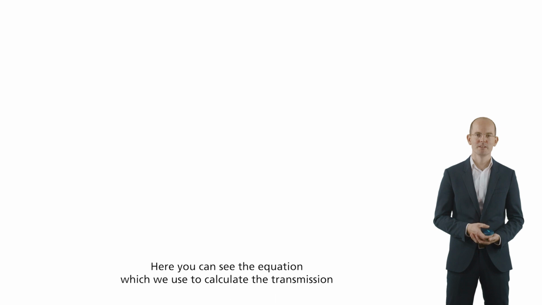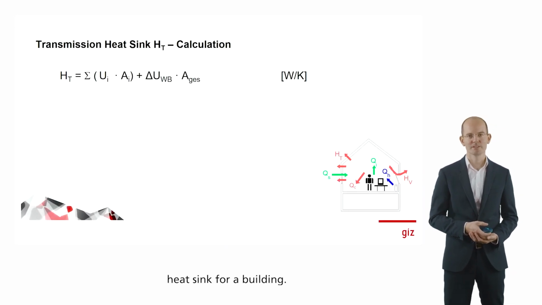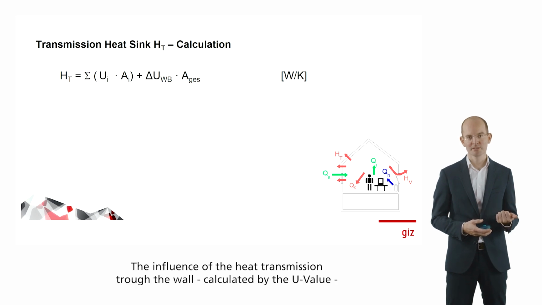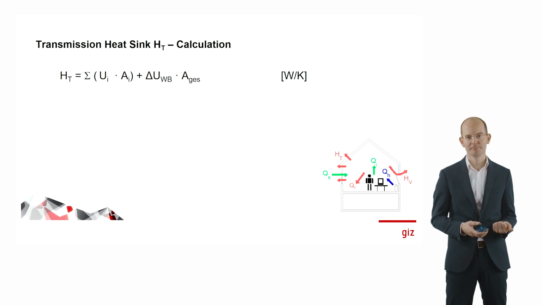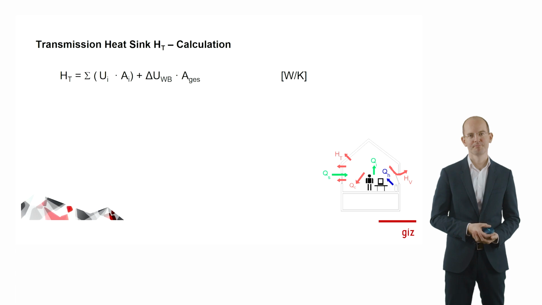Here you can see the equation, which we used to calculate the transmission heat sink for a building. In total, it comprises 2 main components: the influence of the heat transmission through the wall, calculated by the U value, and the influence of the heat bridges.